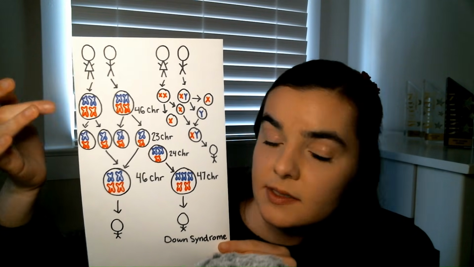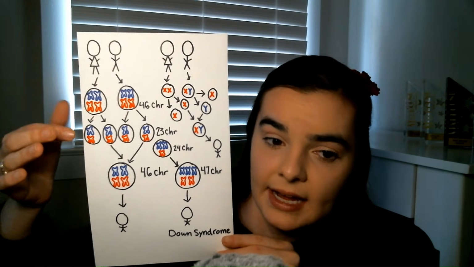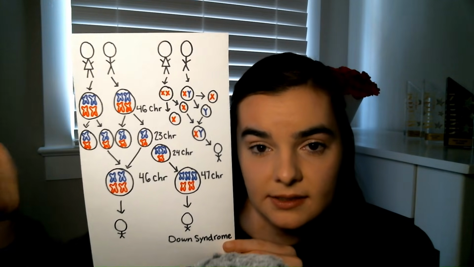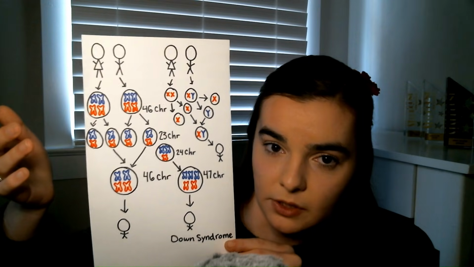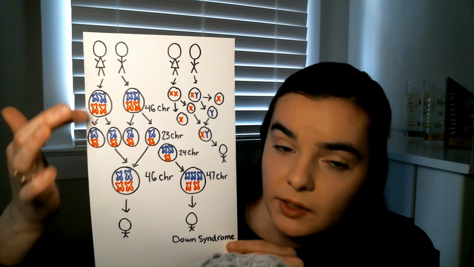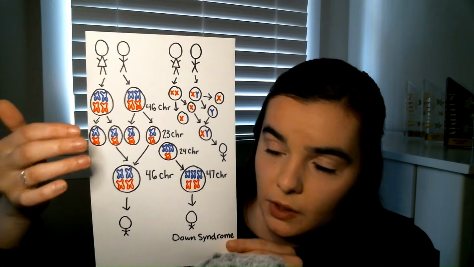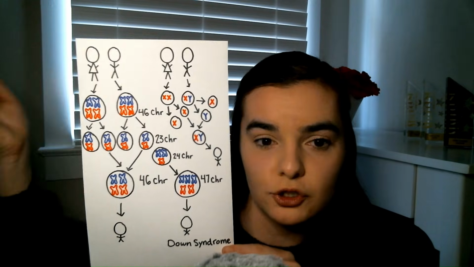What happens is meiosis, where these cells will divide, and each of the resulting cells from that will get 1 of each chromosome. So you can see that each of these gametes got 1 blue one and 1 orange one from each of the parents' germ cells.